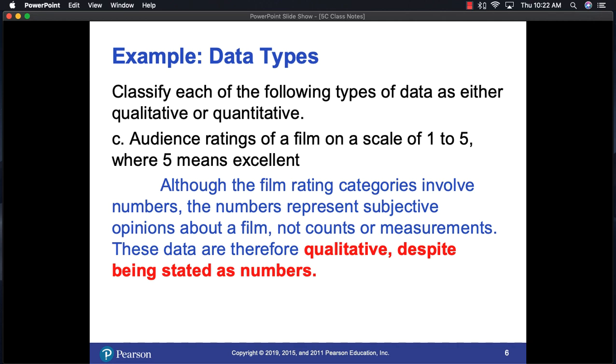Therefore, these data are qualitative, even though we are using numbers. So you have to be careful because qualitative does mean non-numerical, and we're dealing with numbers here, so you might think this is quantitative. But this would be an example of a survey collecting qualitative data because it's based on opinion.